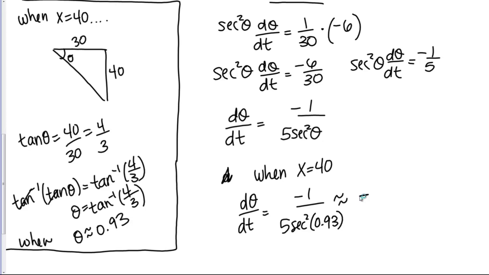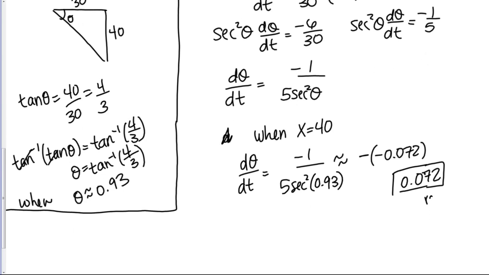So it's a negative sign from up here, but then it's actually a negative again. So 0.07 then is our final answer. Sorry, 0.072. Let's do an extra decimal point. And the units here are actually radians per second.